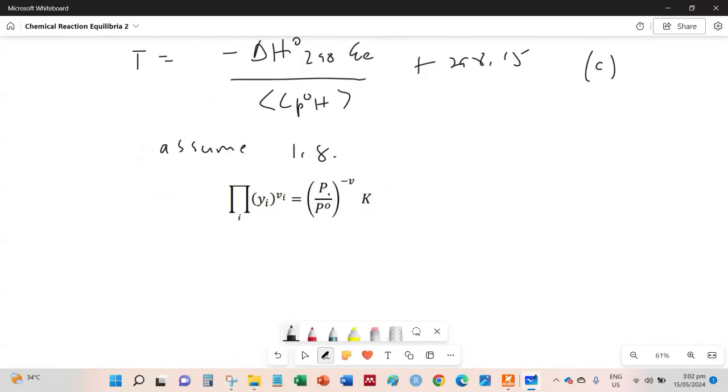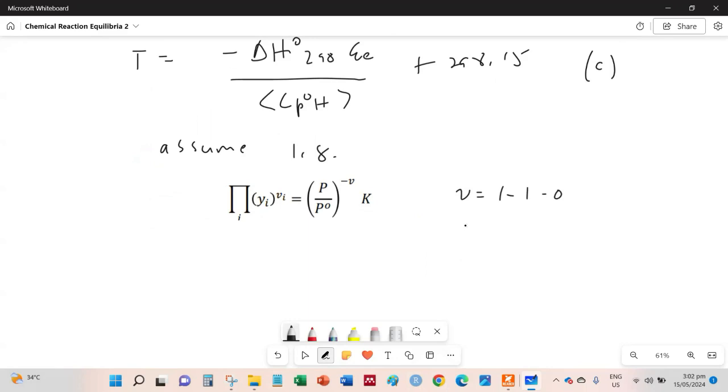So now we have an equation that relates the composition with the equilibrium constant. So we expand this equation, but first we need to calculate nu. That's 1 minus 1 minus 0.5, and that is negative 0.5.